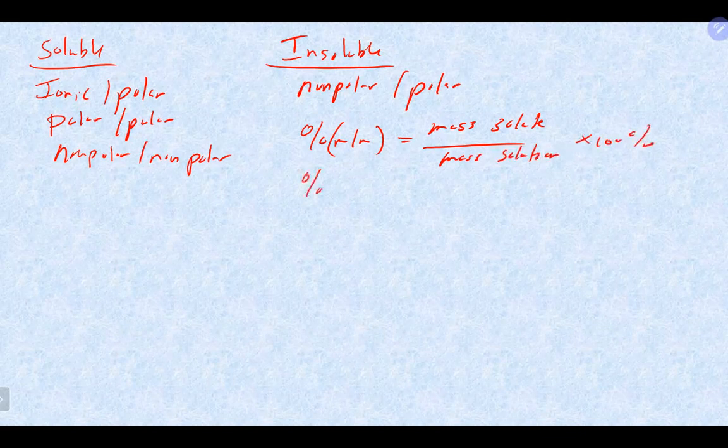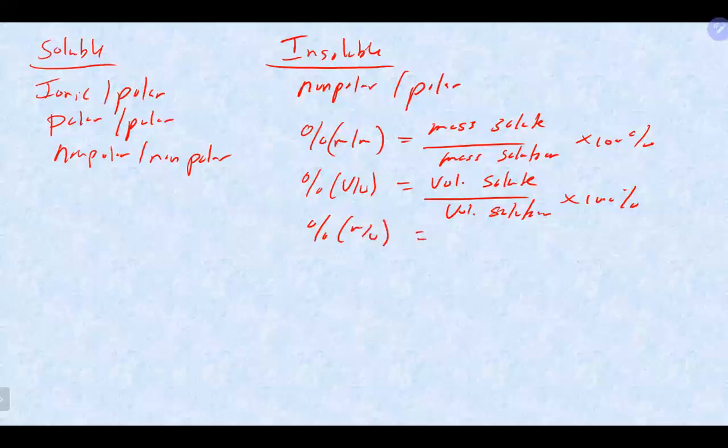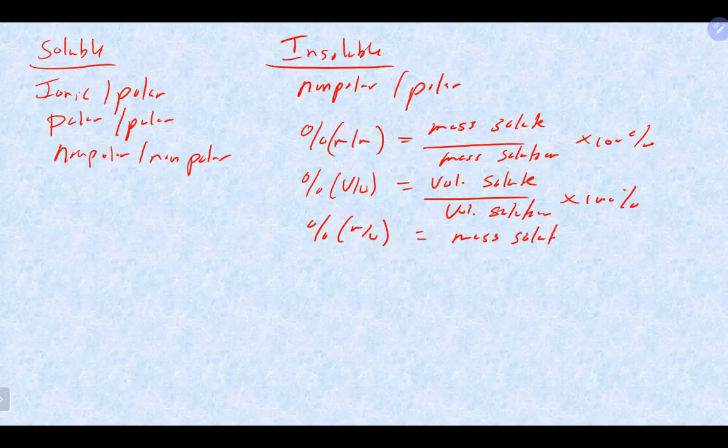We also saw percent volume to volume, which is the volume of solute divided by the volume of solution times 100%, and percent mass to volume, which is the mass of the solute divided by the volume of solution times 100%. Remember, with the mass percent, that bottom part is really important. In a lot of problems, they will break up the solute and the solvent. So you want to make sure that you get the mass of the entire solution and not just the solvent, which is a very common mistake.